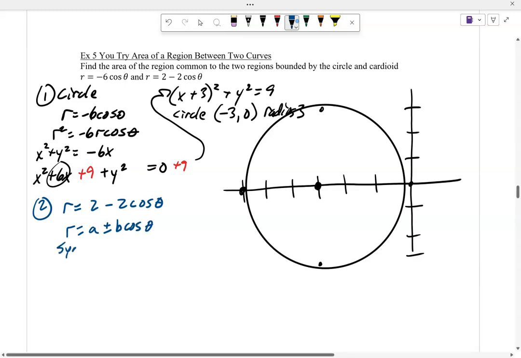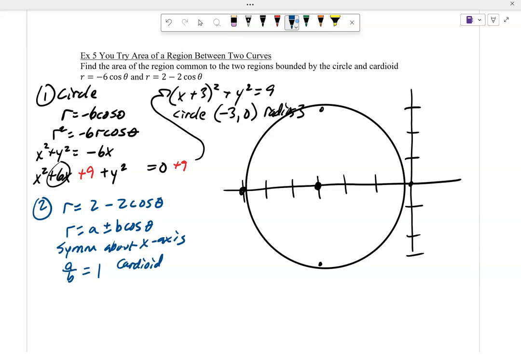So this is symmetric about the x axis, and my a and b are 2, so a over b equals 1, so that's why it's the cardioid. It's going to have that little dip into a piece of it there.